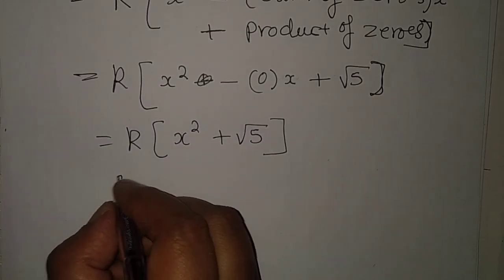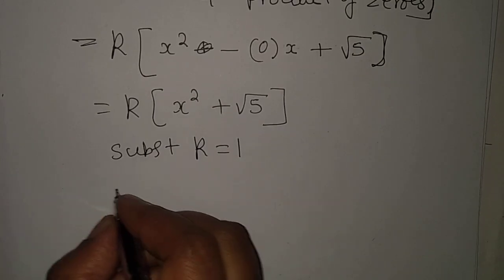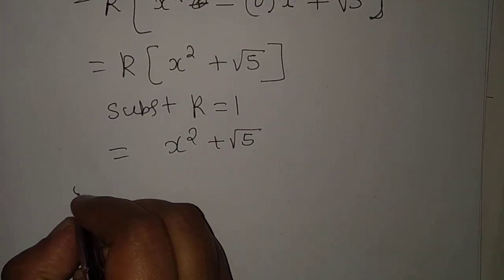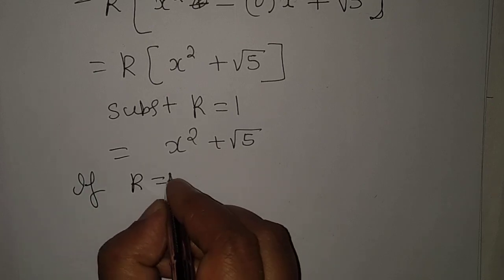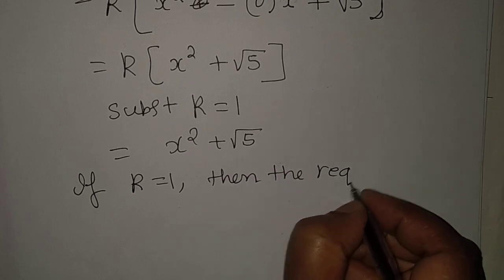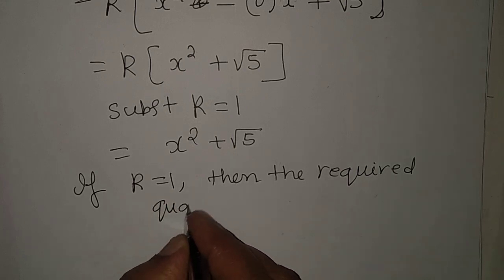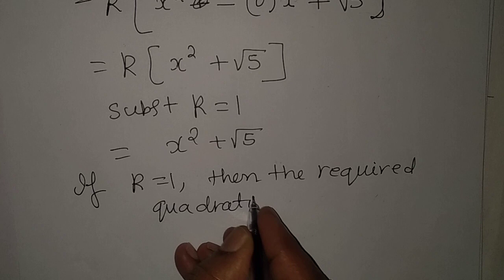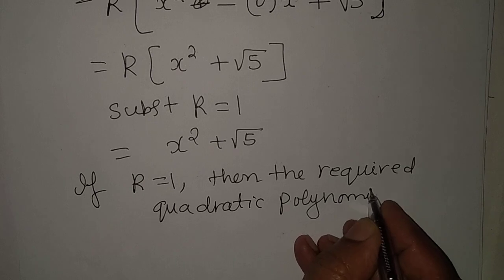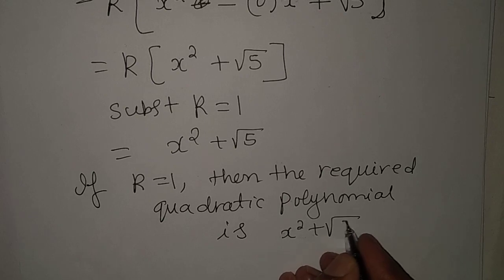So now what we do, we substitute this constant k equal to 1 in the above equation. Then we get x square plus root 5. If k is equal to 1, then the required quadratic polynomial is x square plus root 5.